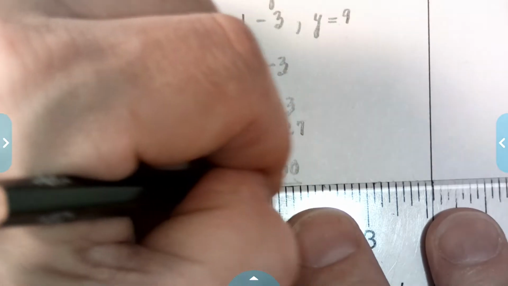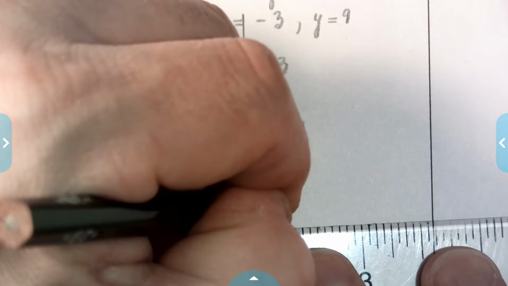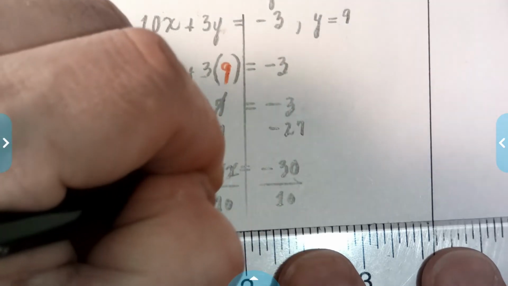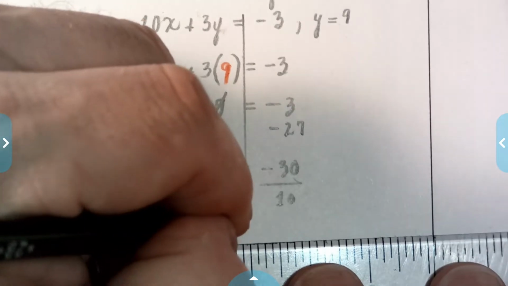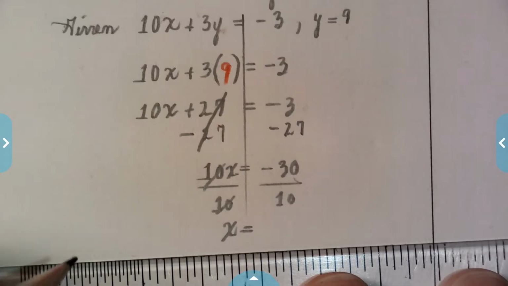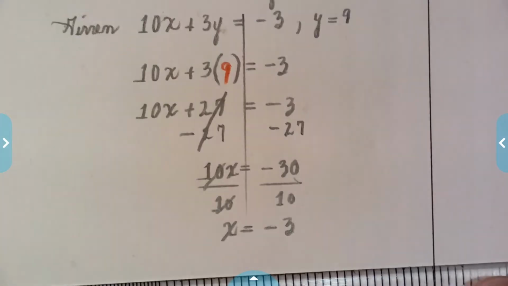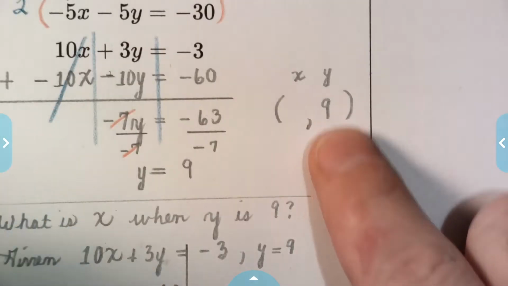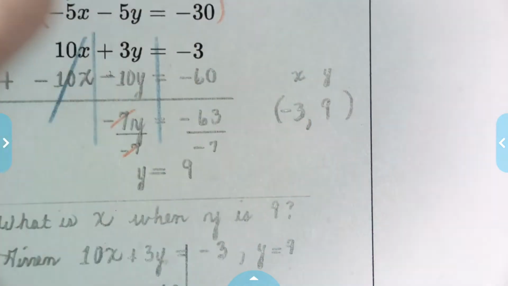Dividing both sides by 10. Cancel, cancel. I find that x equals, and then negative 30 divided by 10 is negative 3. Okay, so what that means is back up here, our intersection point, or the solution, is negative 3, comma 9.